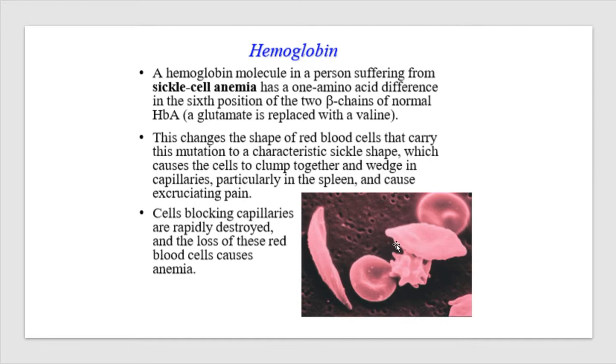We have seen before, they can block capillaries, and of course they are rapidly destroyed. And then the lack of hemoglobin produces anemia. Also, when they go into small capillaries, they produce a very strong pain.